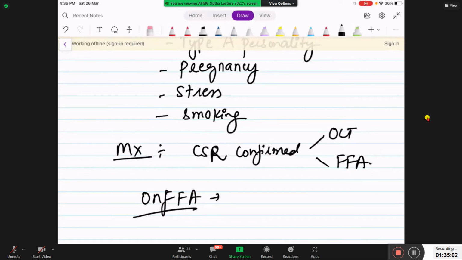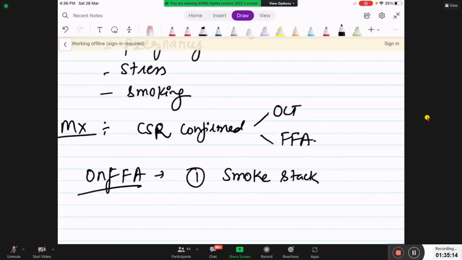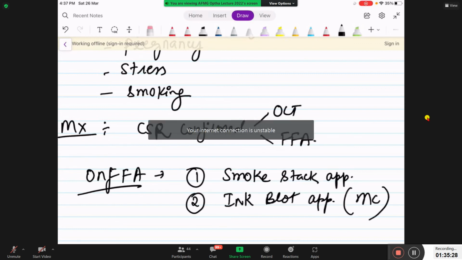The name of the first finding is smokestack appearance, and the second is ink blot appearance. The ink blot appearance is the most common presentation on FFA in CSR.